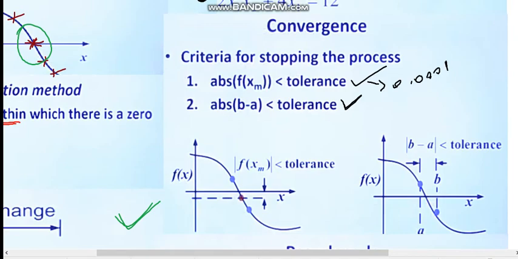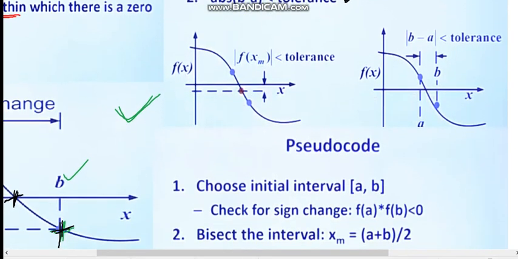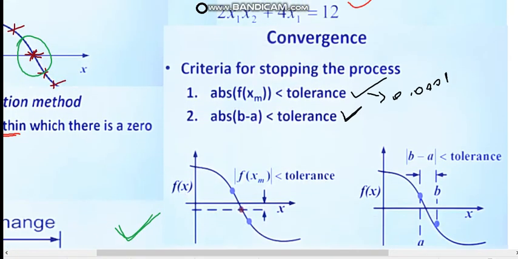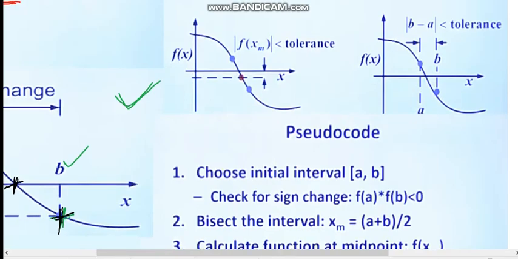If it is less than 0.0001, then also you can terminate the process, and the corresponding value of x m will be your final solution to this equation. You will understand more when we do the example.